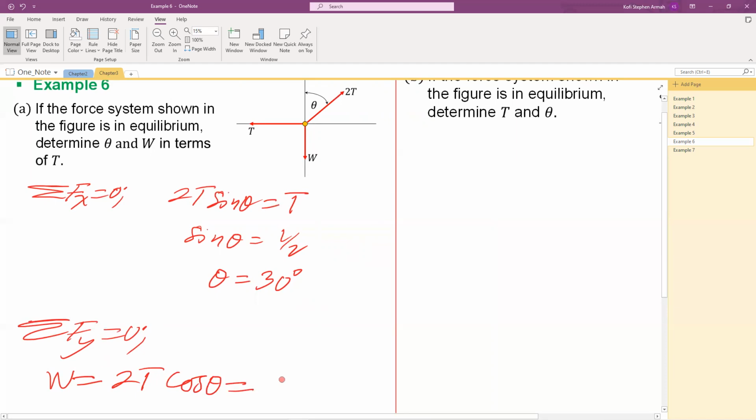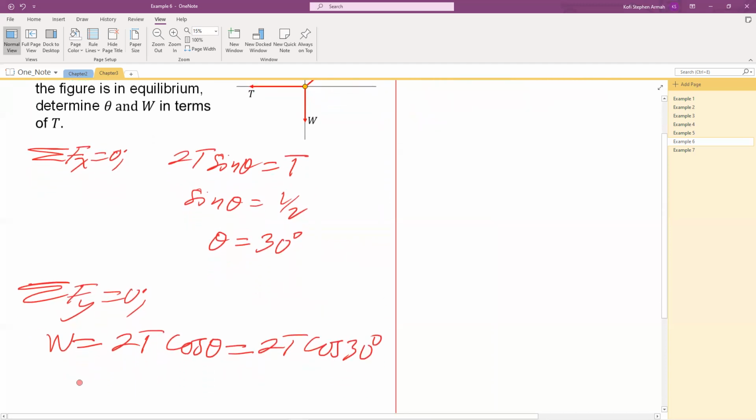And we know what is theta, so it's 2T cosine 30 degrees. This is root 3 over 2, so this cancels. This is like T root 3. They didn't really give us any unit, so let's leave the answer this way. Yeah, so that is that. So we want to find theta as a number, but W is fine as that. Cool, very easy to work out.